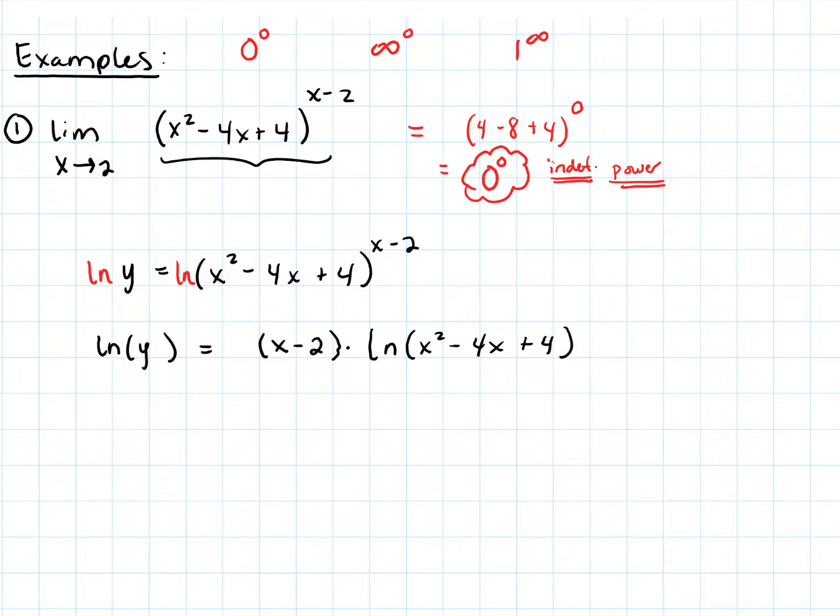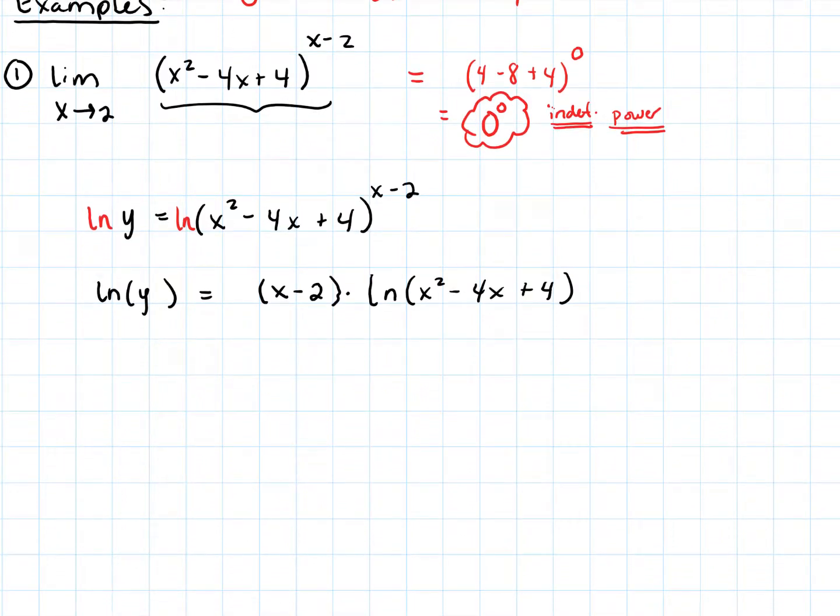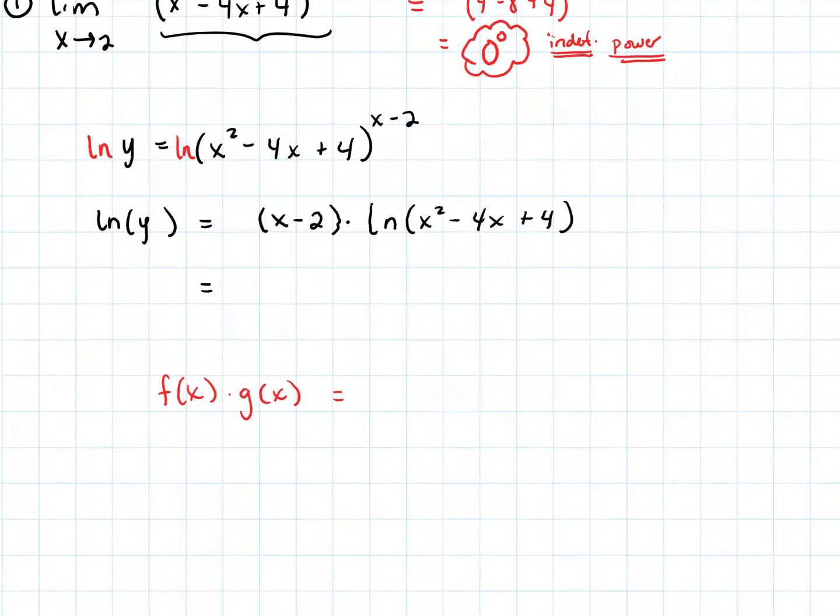Now that's not quite in a quotient yet. But remember, we discussed this when we talked about those products. Side note, let's bring this over to the side. Anytime you have f of x times g of x, if you want to turn that into a quotient, you can drop either of those two functions into a denominator by looking at the reciprocal.